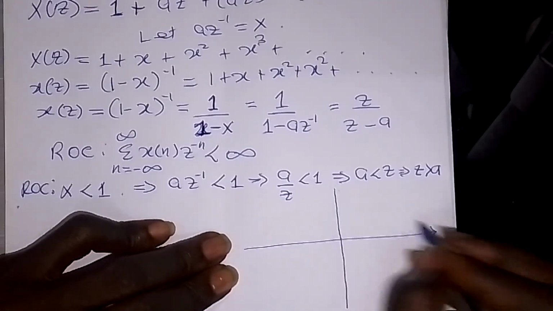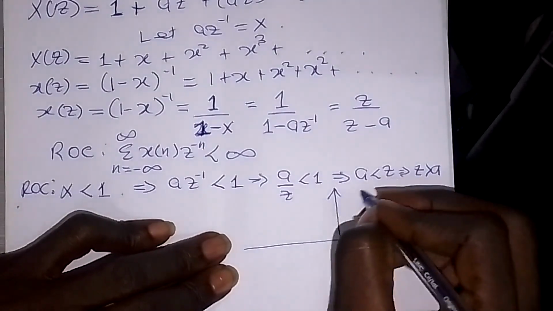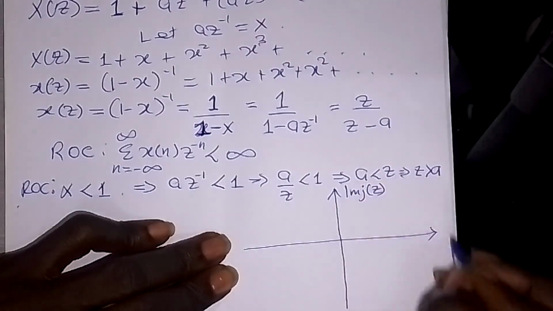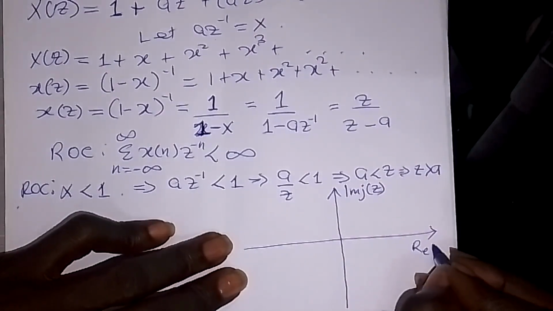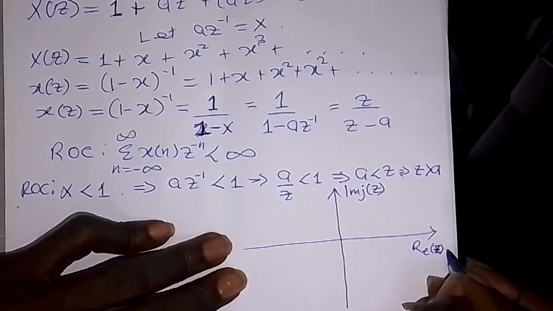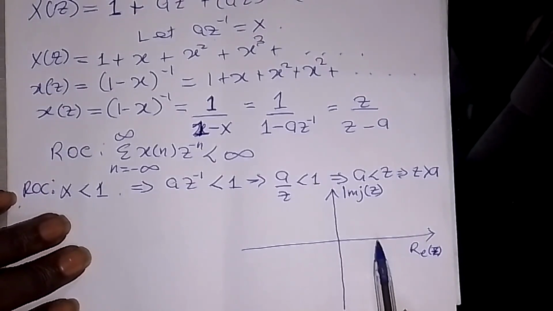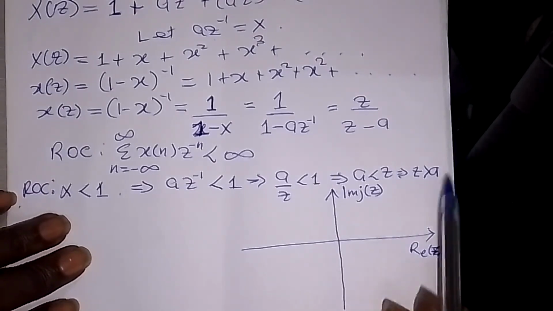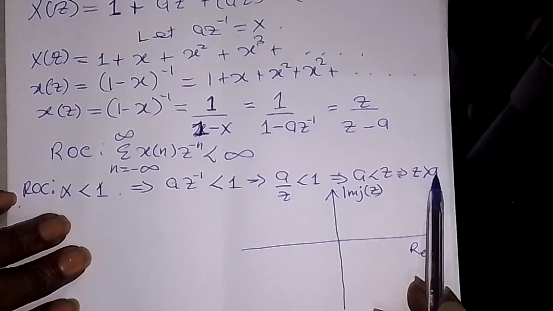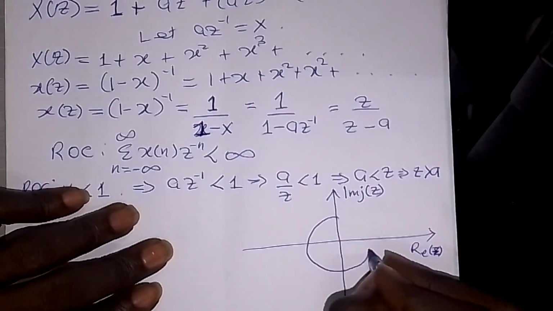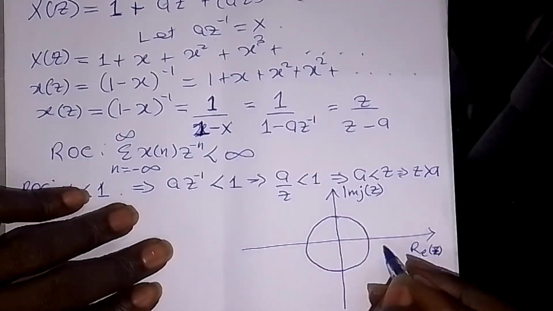So this place is called imaginary of Z, and this place is called real of Z. What it means is that this is the real axis, this is the imaginary axis. So now we will draw a circle that has a radius of a. So let me just draw that circle that has a radius of a.